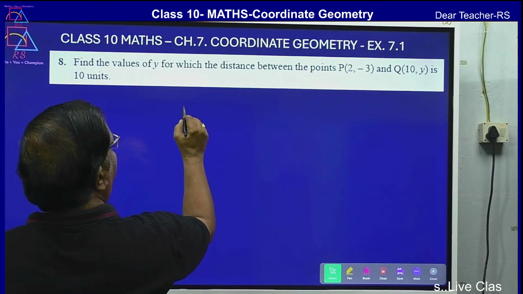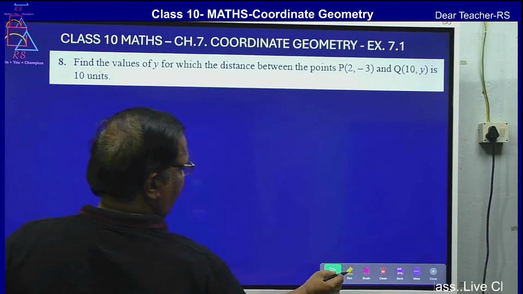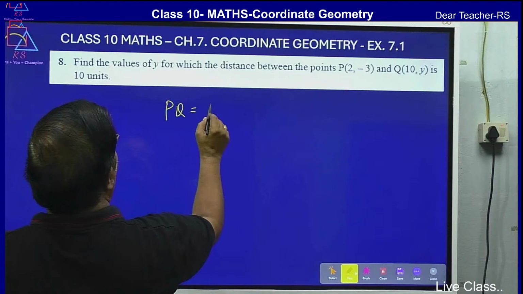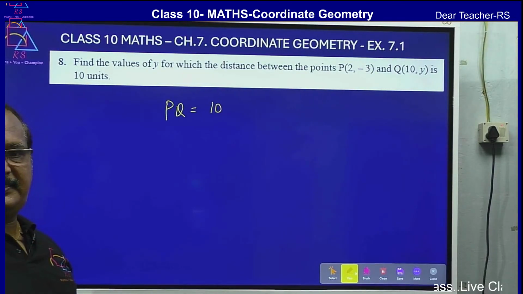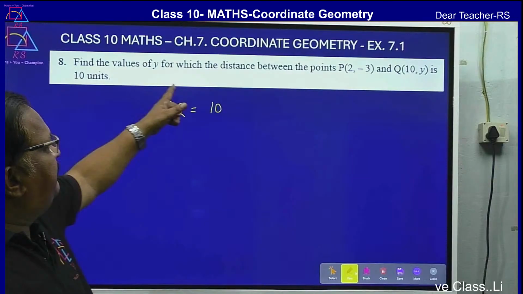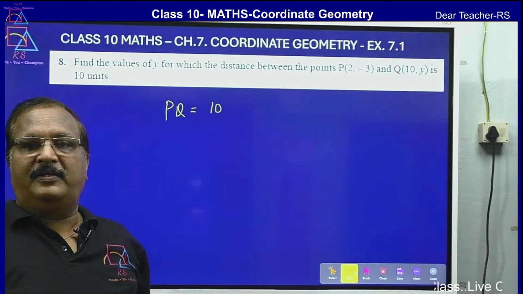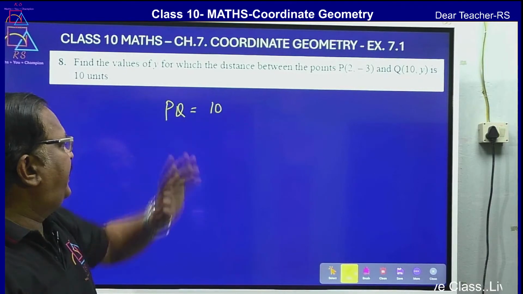But what is given here? PQ is equal to 10 units. The distance between P and Q, that means PQ, is 10. So using this condition you can find it.